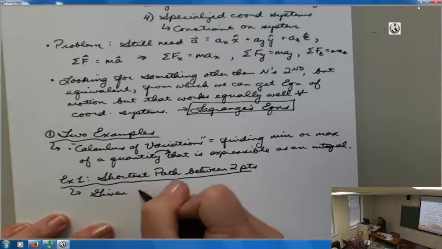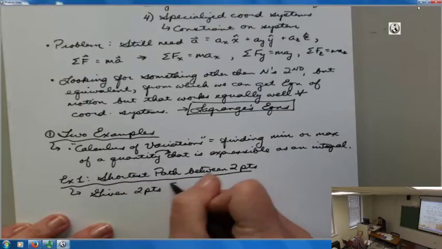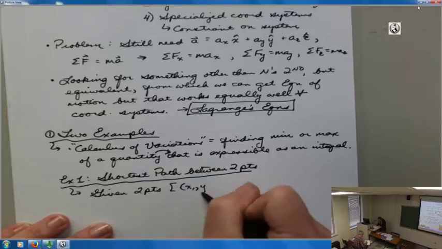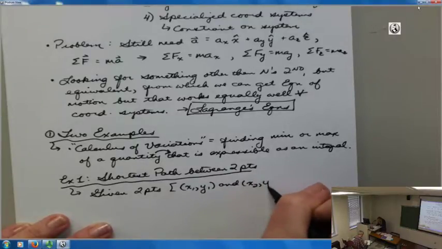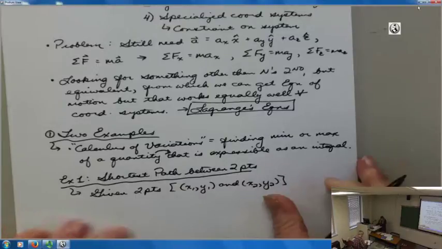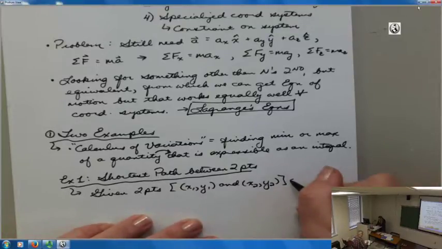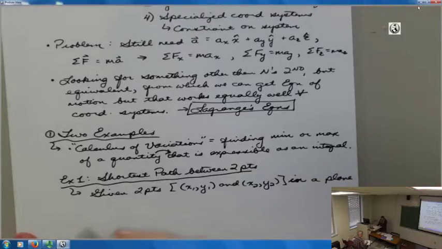Given two points, x1, y1, and x2, y2, that can be connected. They are in a plane, I should be clear about that. And the paths are going to be confined to that same plane.